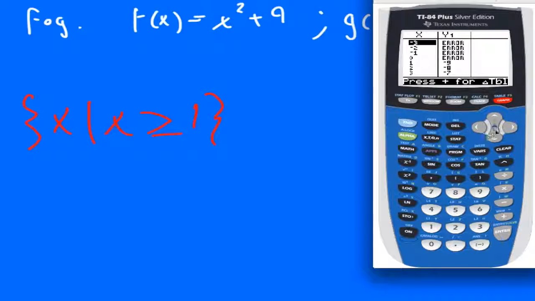Second table, and you can see that it starts at 1, greater than or equal to 1, and goes all the way over here. If you see errors, these don't count. So your domain is where the numbers begin, the number after the errors end. So 1, greater than or equal to.